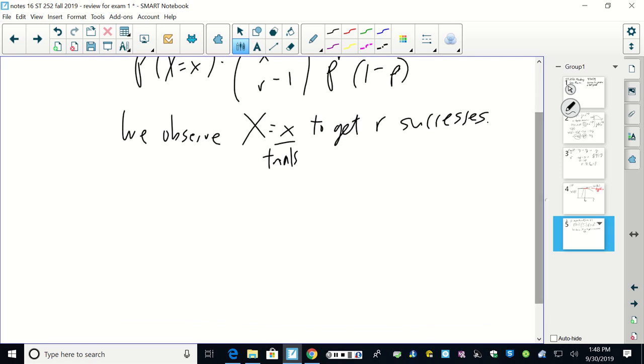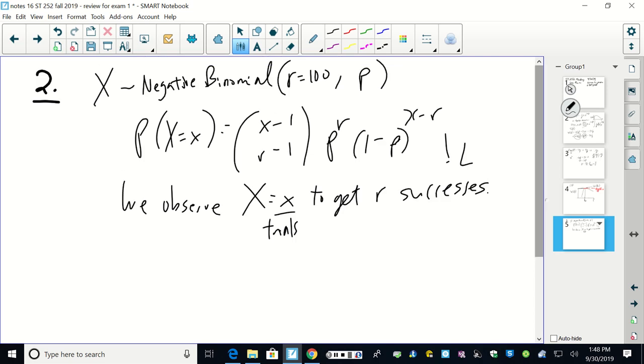And so we have this density. So this thing by itself is the likelihood.